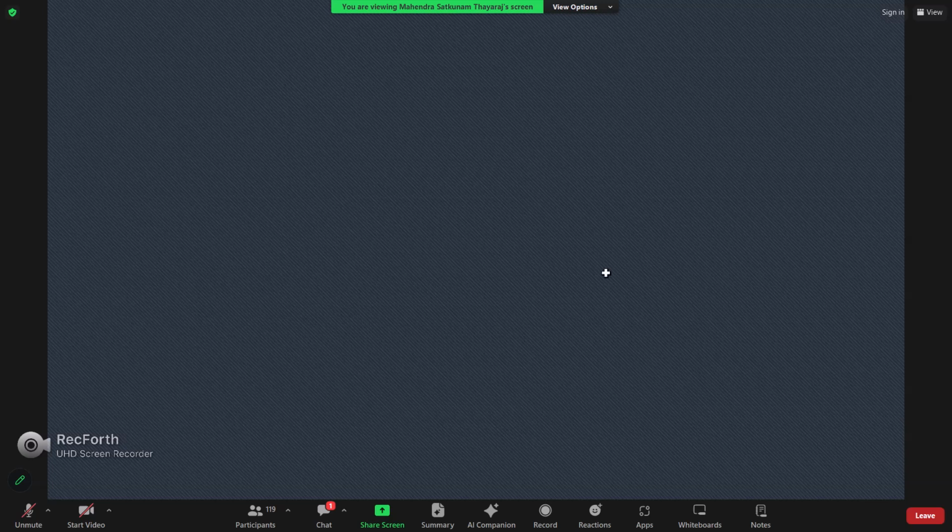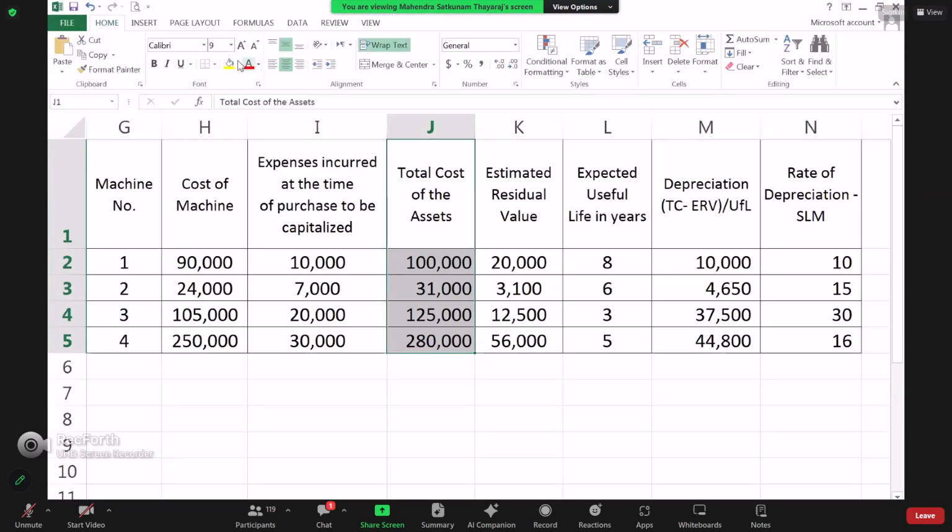So this is the answer. The total cost of the asset is 100,000 plus 31,000 plus 128,000, which is 208,000, because it is cost plus expenses. The estimated residual value means the scrap value.